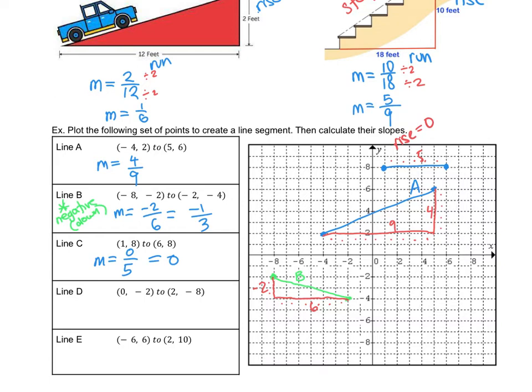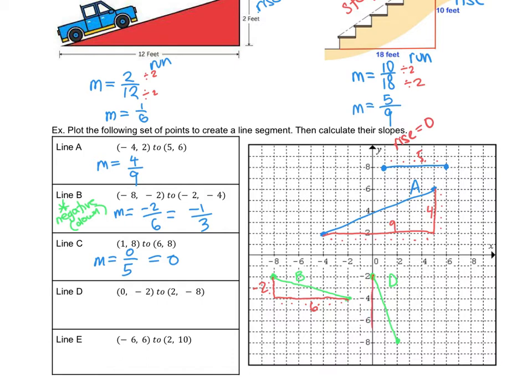All right, so 0, -2 is here, and then 2, -8 is here. This is again one of those scenarios where when I plot my points, I do get a negative line for line D. So I'm gonna draw my triangle here.